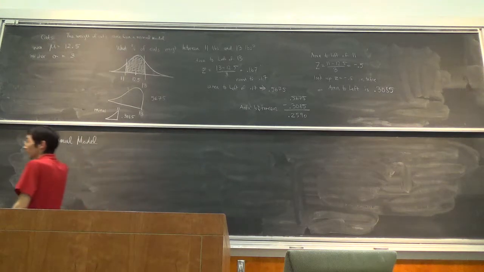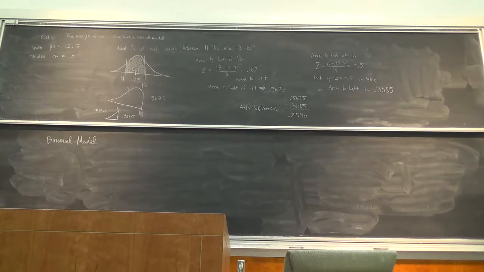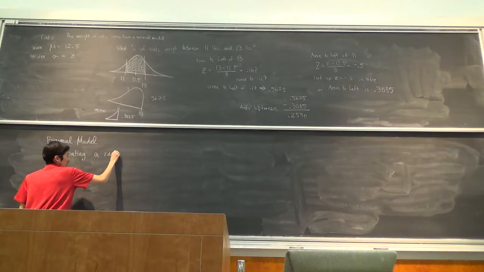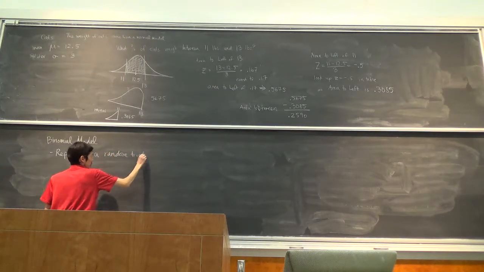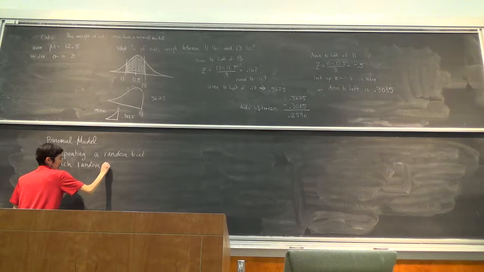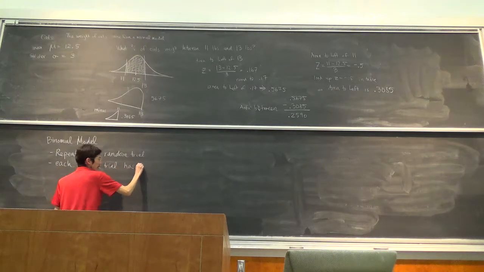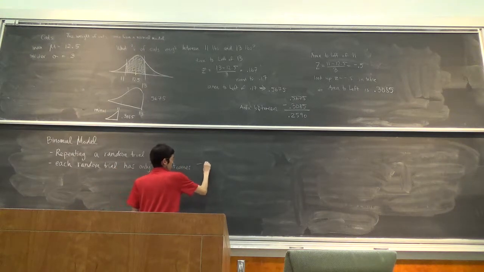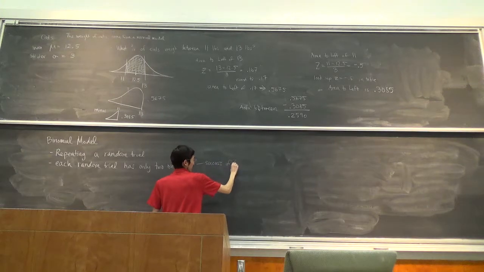So let me just write that down. If you can identify the binomial model problem, figuring out the answer is very easy. The hardest part, again, is saying, oh, this is a binomial model problem, okay? So you are repeating what we call a random trial. Each random trial has only 2 outcomes. Success or fail.